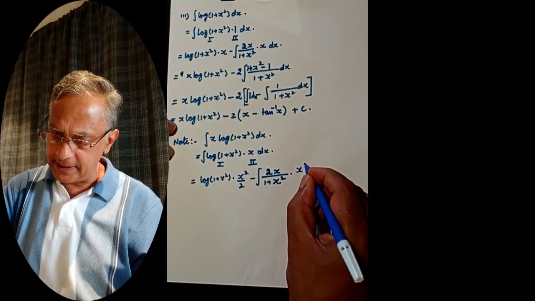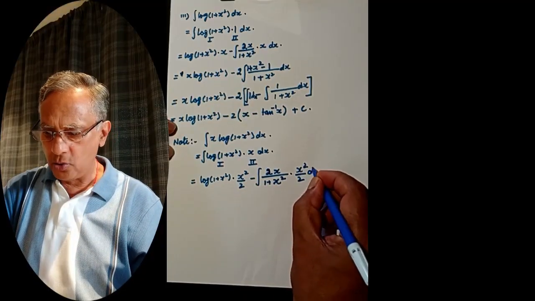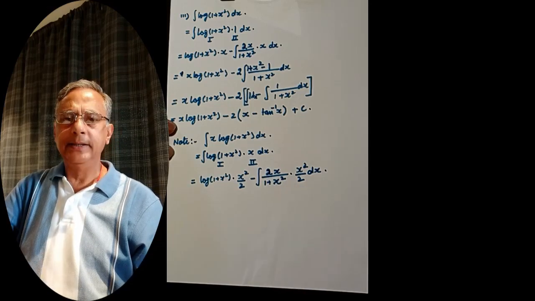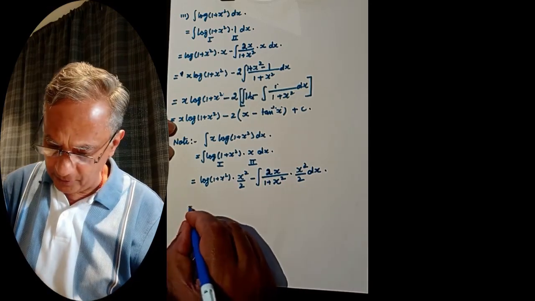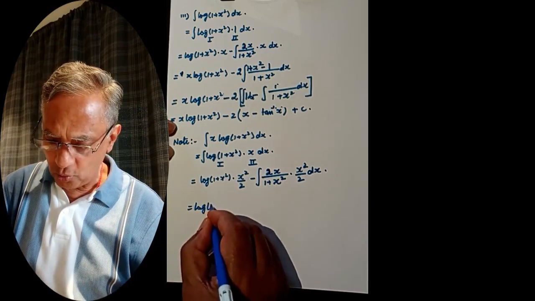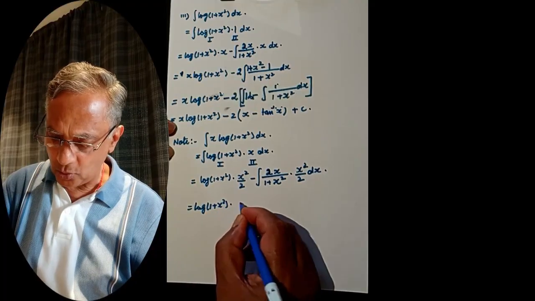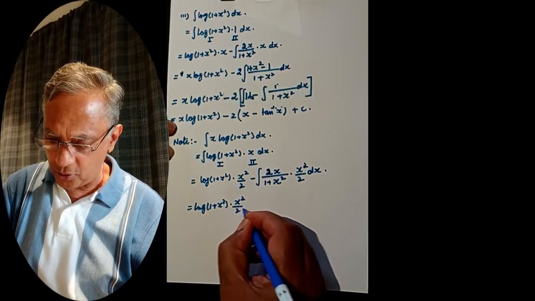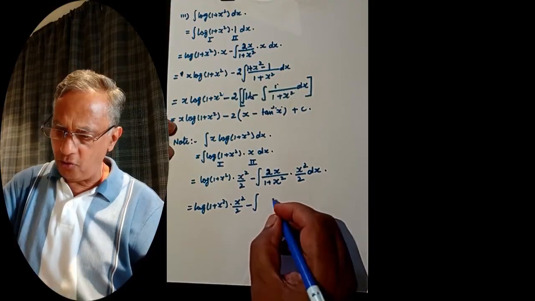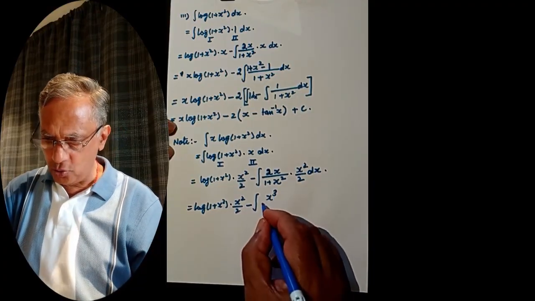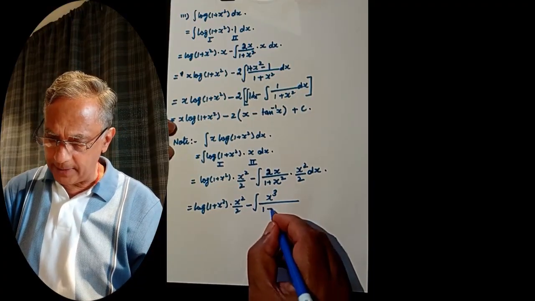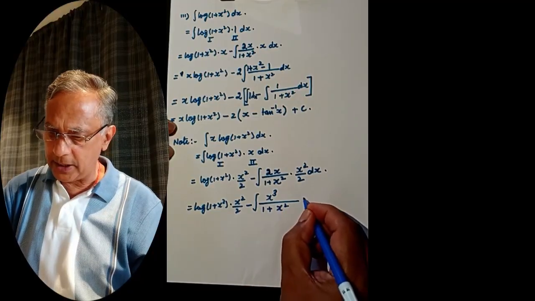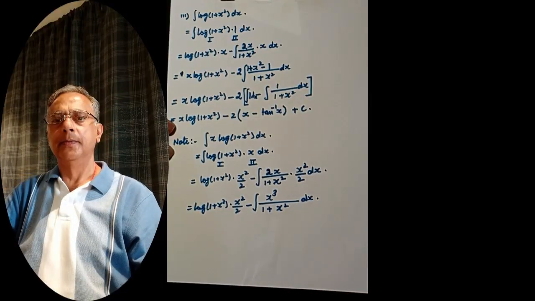Integration of second is x square by 2. This 2 cancels with this and we will have log of 1 plus x square whole into x square by 2 minus integral of x cube by 1 plus x square dx.